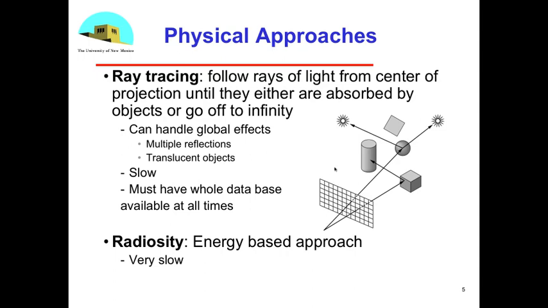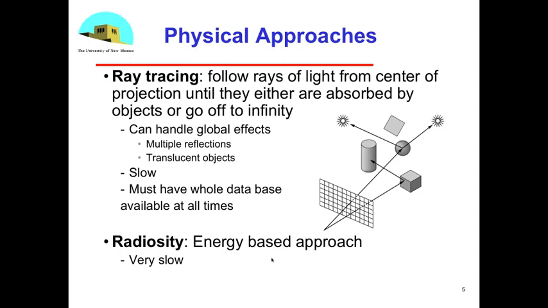I don't know what happens in advance, and I'm going to have to see how it might intersect every object. So the whole database of objects must be accessible all the time, because you don't know what's going to happen. That makes it a slow approach. It can also be memory intensive, depending on how many objects there are and what kinds of objects they are.